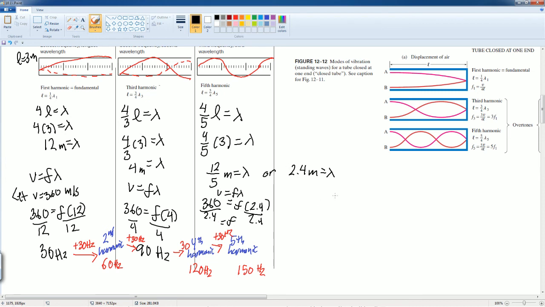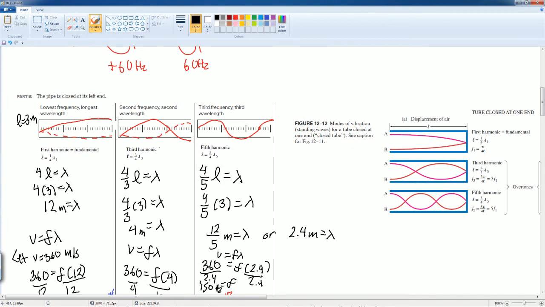Perfect, 150 hertz. There you go. That's how you do it. Okay, let's see, is there anything else? Do you see how it kept going by 30 hertz each harmonic? But this is for the pipe closed on one end. Please understand, it jumps harmonics for the frequencies.